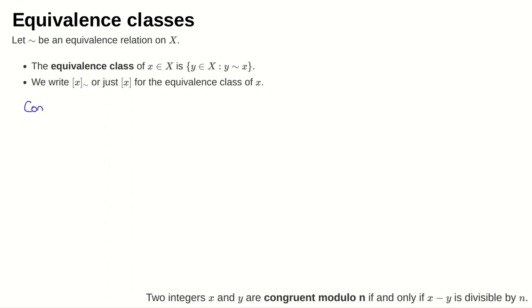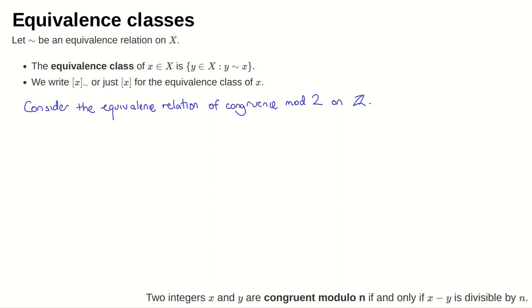So consider the equivalence relation of congruence modulo 2 on the set of integers. I've written the definition of congruence modulo n at the bottom of the screen there. You'll recall that two integers are congruent modulo 2 if and only if their difference is divisible by 2.